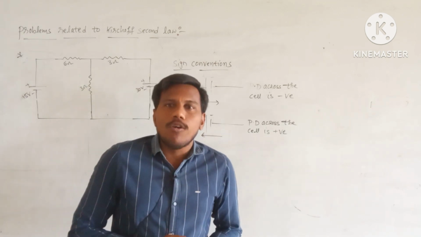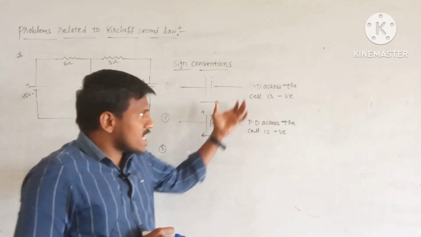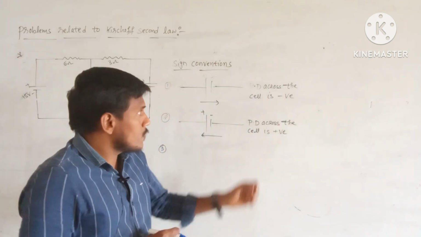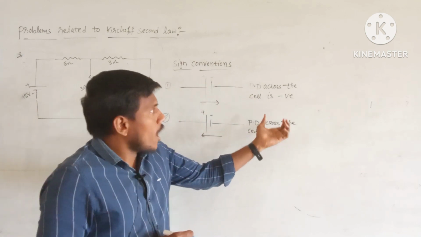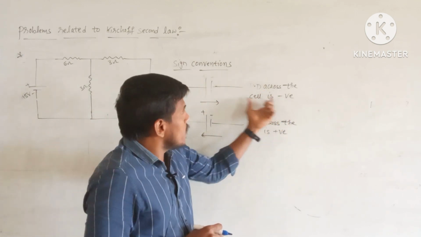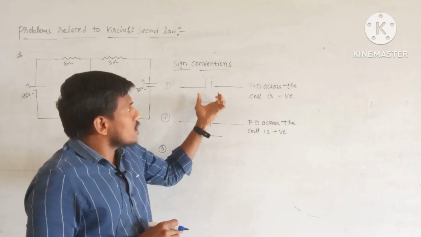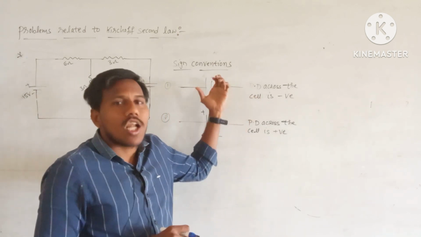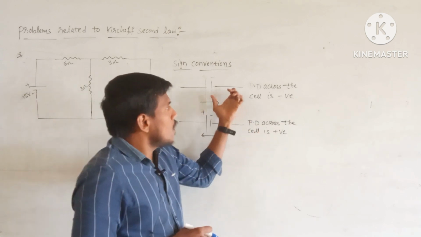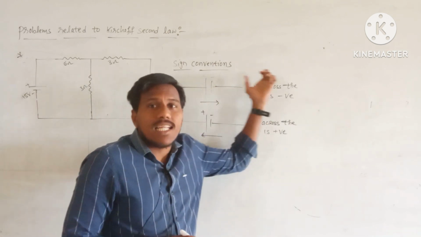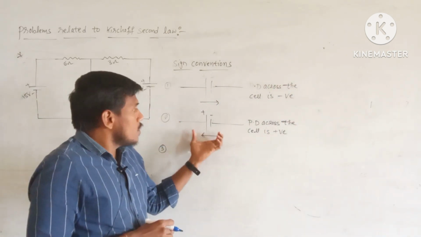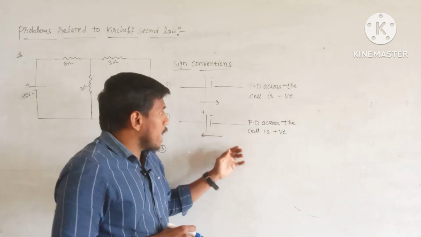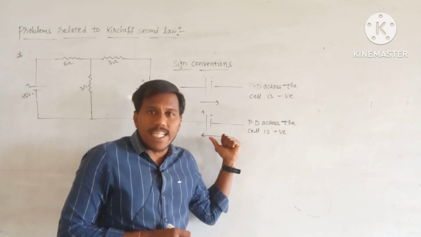In the previous video, we discussed these sign conventions, but in that video I explained drop of potential takes place. Drop of potential means potential difference across the cell is negative. Here in this diagram, rise of potential takes place.